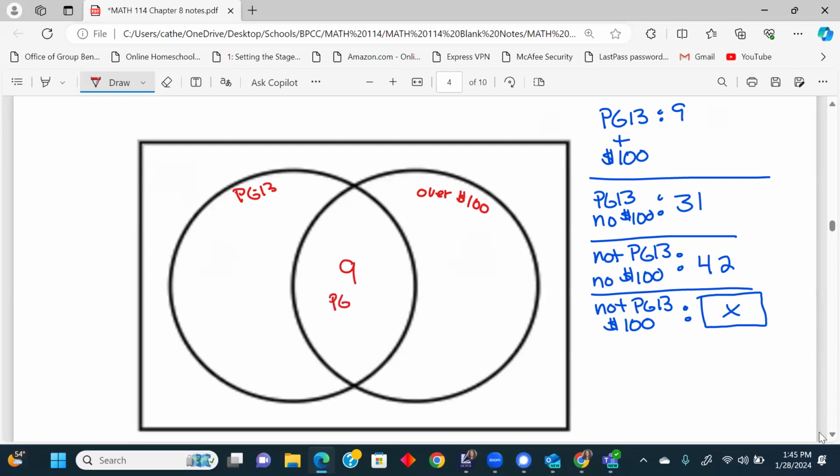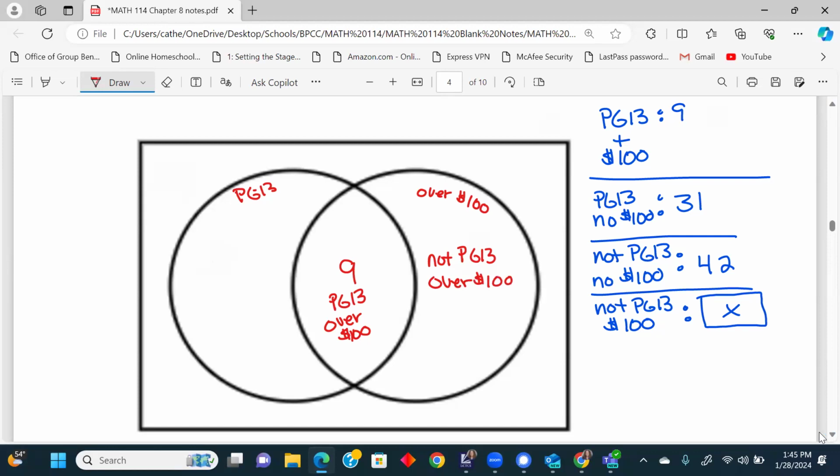So this is PG-13 and over 100 million. Oops. So this area here, I'm just going to shade it just for, you know what I'm looking at. Okay, so this crescent on the right, I know that's the wrong terminology. All right, so these are movies that were not PG-13, but they earned over 100 million.